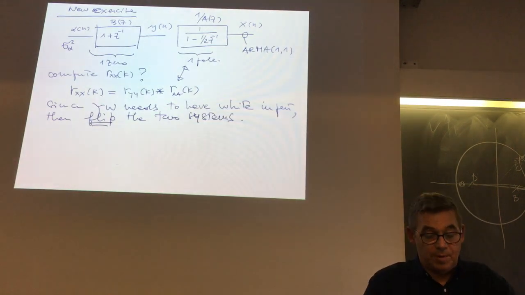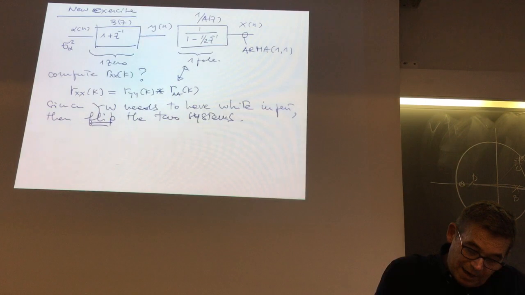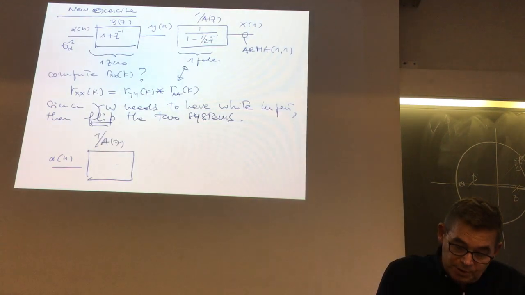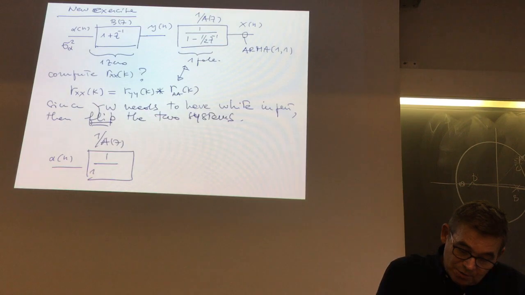What does it mean flip? It means that I make alpha n, which is entering into the system, which is 1 over A z, which is here, it's very simple because it's 1 pole.